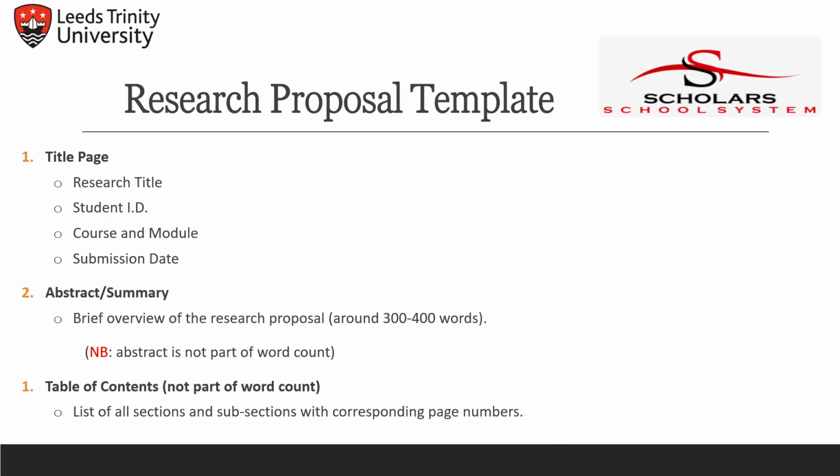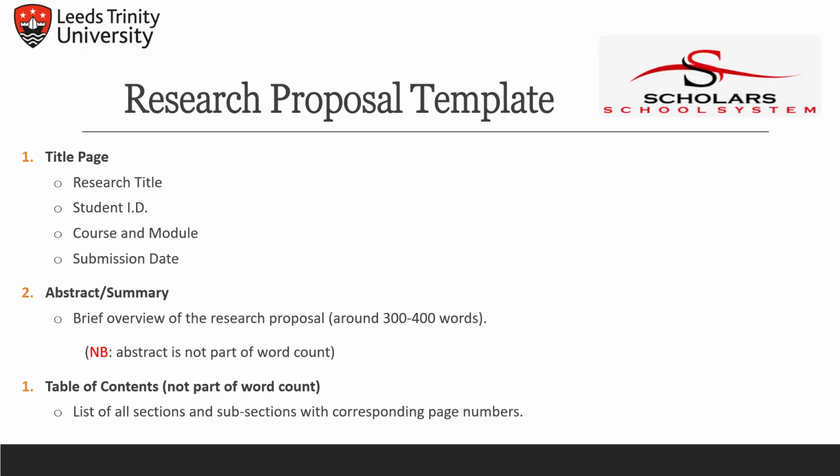So during the research proposal template discussion, we will basically discuss the layout of the research proposal that the students can follow for writing their research proposal. So the first part of this assessment will be the title page.